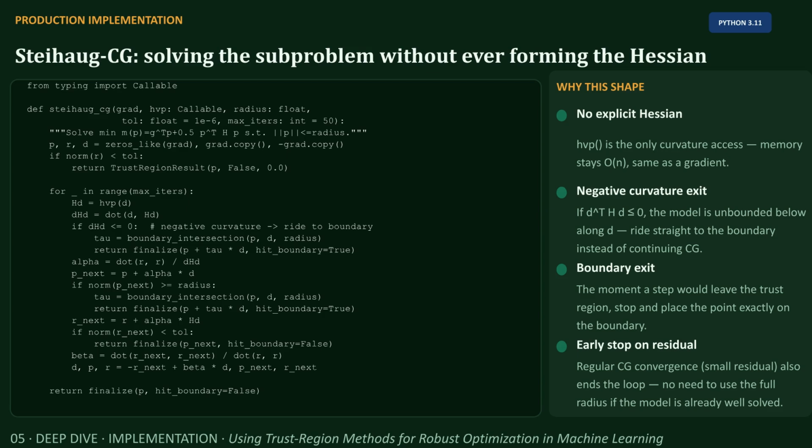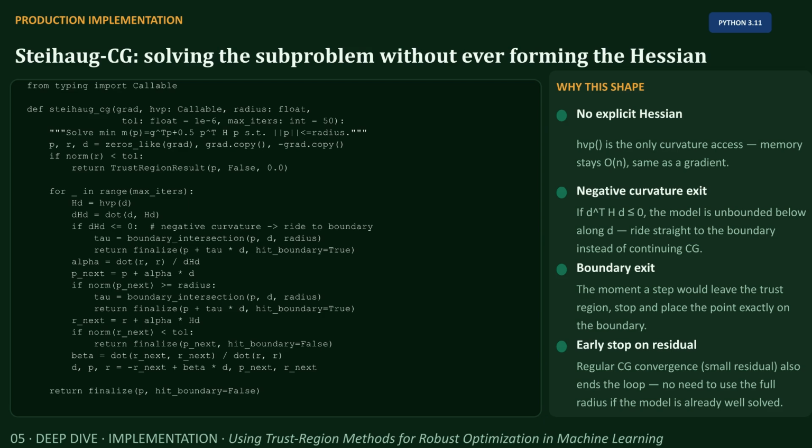First, negative curvature. Ordinary CG assumes a positive definite quadratic, but on a non-convex loss, d transpose H d can go negative, meaning the model is unbounded below in that direction. When that happens, the algorithm doesn't try to keep minimizing an undefined problem. It immediately rides straight out to the trust region boundary. Second, boundary crossing.